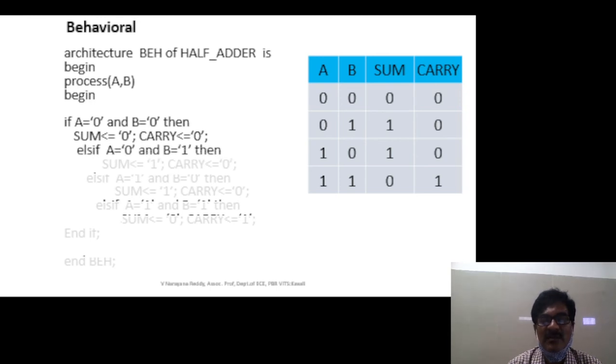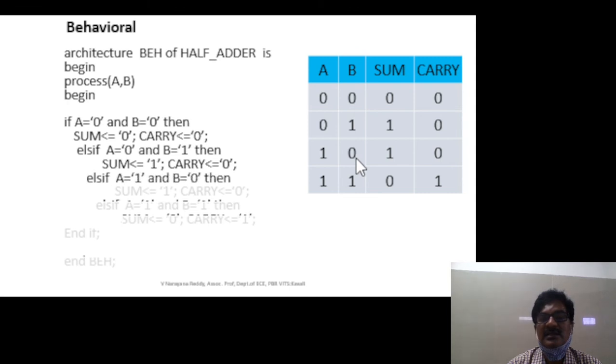In the else part, I check one more condition, that is elsif. I am now checking the second condition: A is 0, B is 1. If this condition is satisfied, the expected output is sum is 1, carry is 0. As per the truth table, I write sum is 1, carry is 0. Suppose this condition also fails, then I check the third condition, A is 1, B is 0.